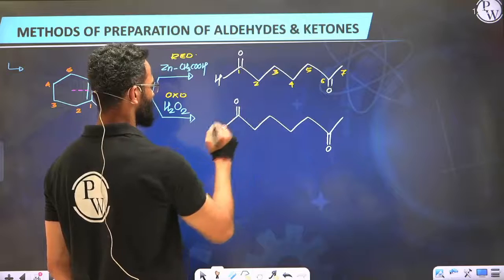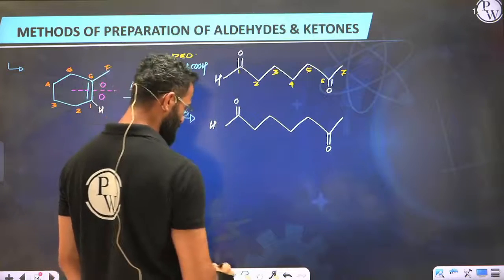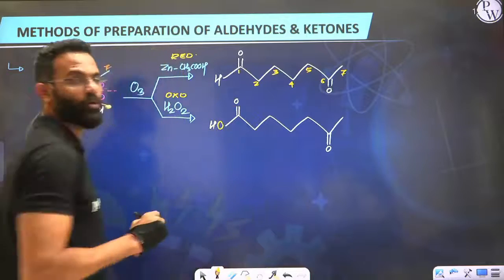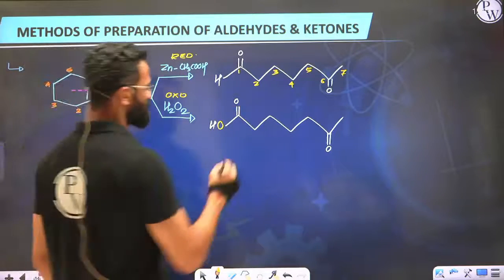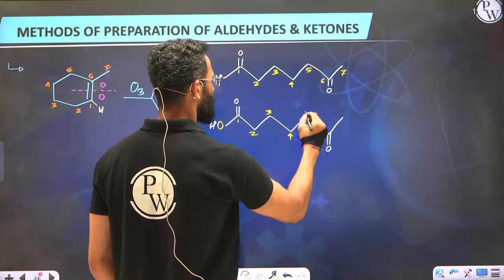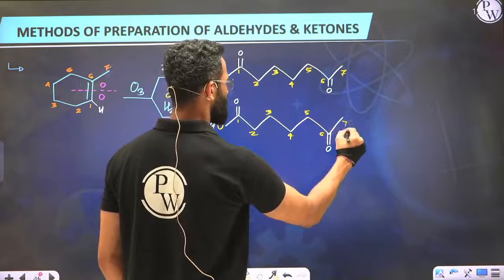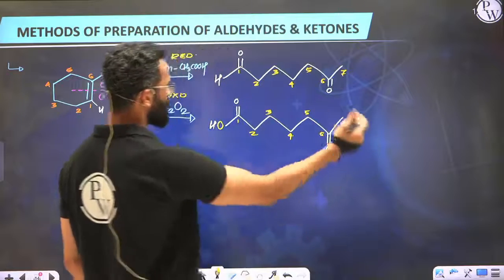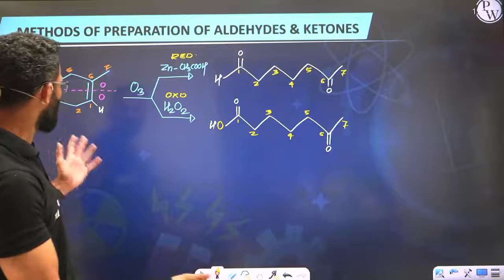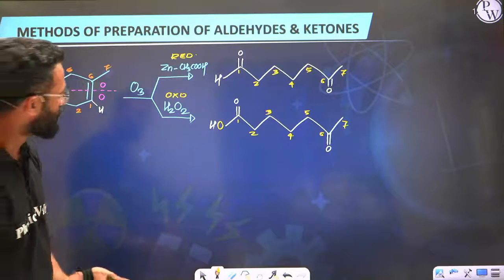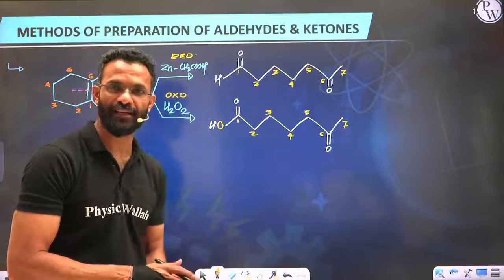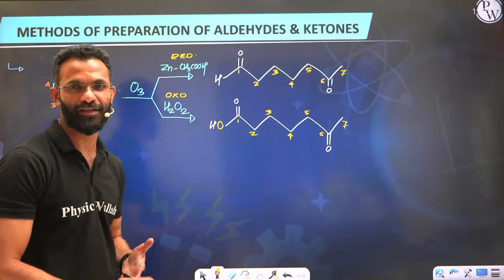But now this H is oxidizable, and being oxidizable, you will write it as COOH. So the product will now change. It is 6 oxoheptanoic acid or 6 ketoheptanoic acid. That is how cyclic structure can also be subjected to ozonolysis under reductive or oxidative condition.